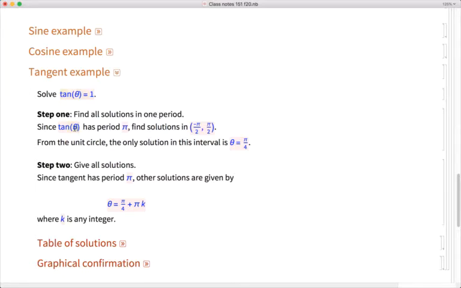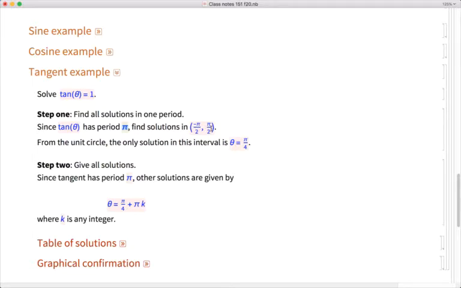This time we have to remember that tangent has period pi, not 2 pi. So we're going to look for solutions in the interval from minus pi over 2 to pi over 2. And it would be perfectly reasonable to say, why aren't you going from 0 to pi?